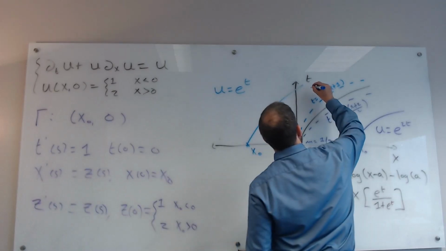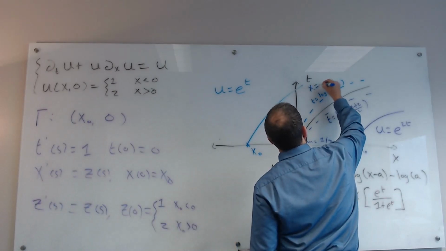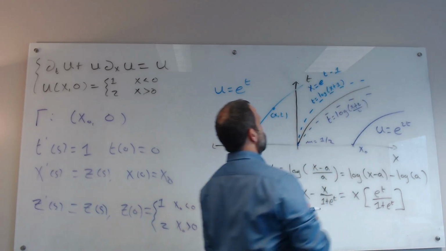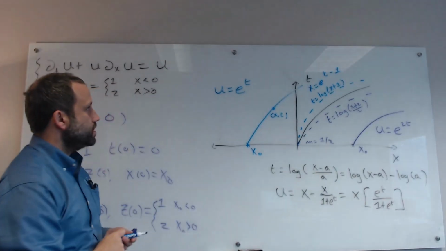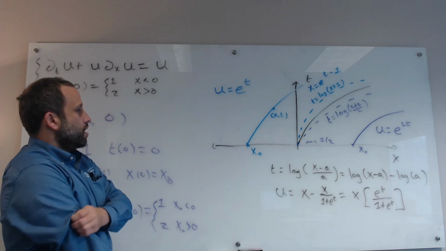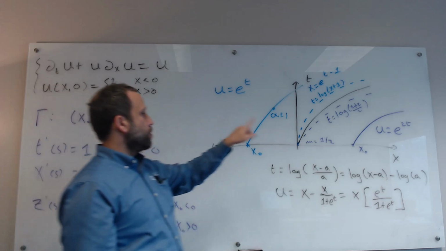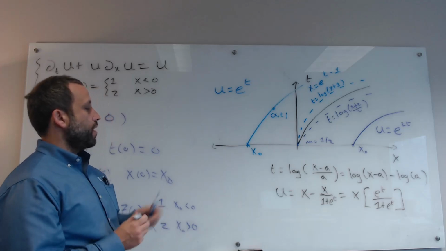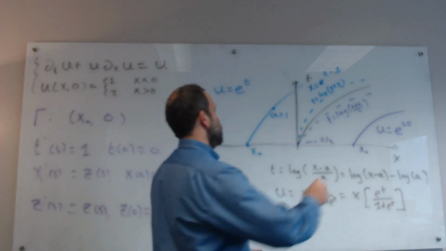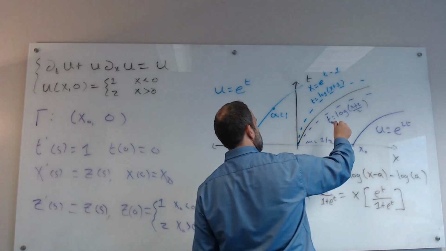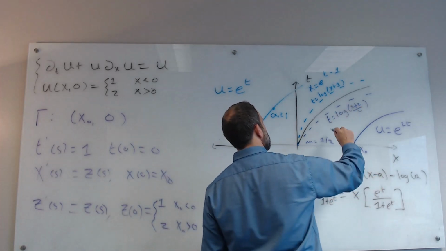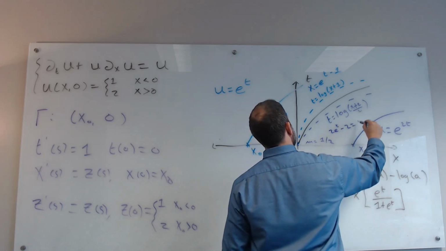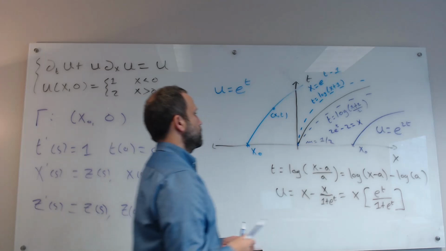So this says x is equal to e to the t minus 1. And now over here, on the purple curve, if I raise e to the power of both sides, it's going to be e to the t is equal to x plus 2 over 2. So 2 e to the t minus 2 is equal to x.